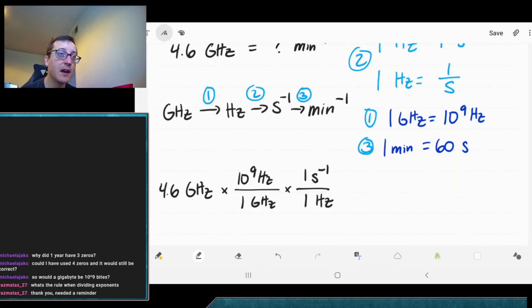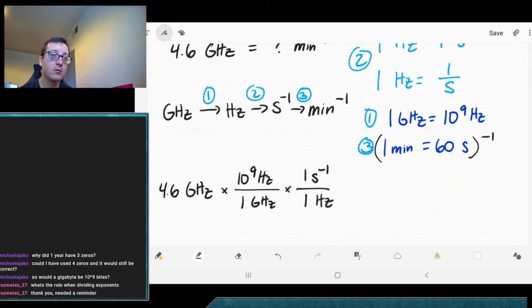All right, so again, our third conversion there is regular minutes to regular seconds. But we need the inverse of that, right, to the -1 power. So if we're going to put this to the -1 power, mess with our conversion factor a little bit, we can do that.